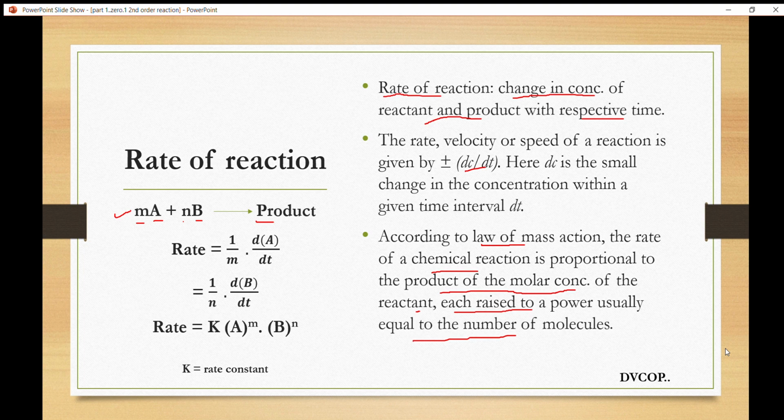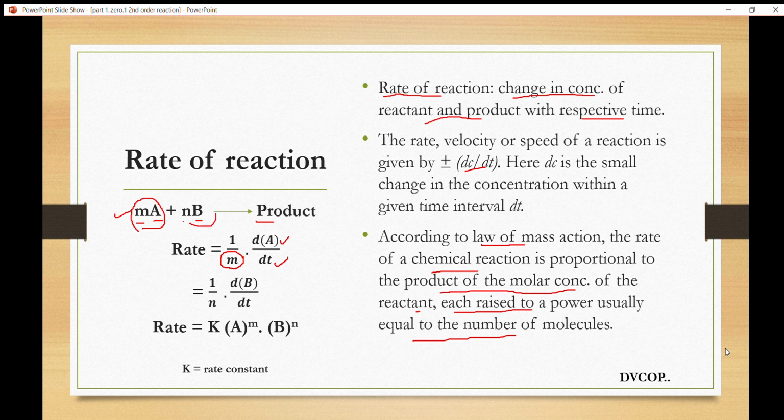So with respect to A, the rate of reaction is equal to 1 upon M into dA divided by dt. Here M is the moles of reactant A, and dA is the change in concentration of reactant A with respect to time dt.